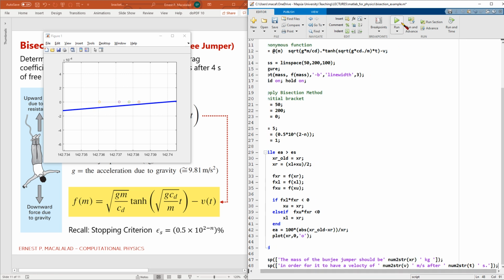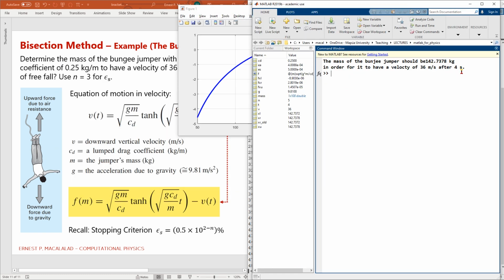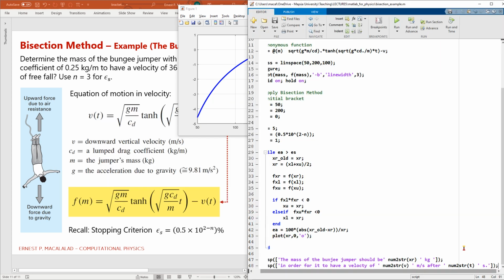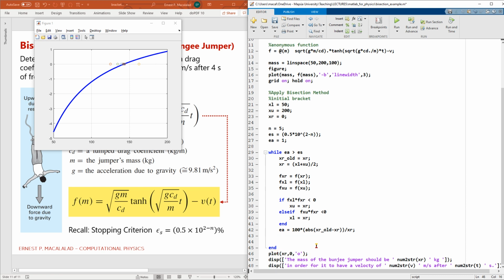So let's try that again. So this is our answer. Sorry, there should be a space here. And then of course we don't actually want to see the progress of the points, so we just plot after the loop.